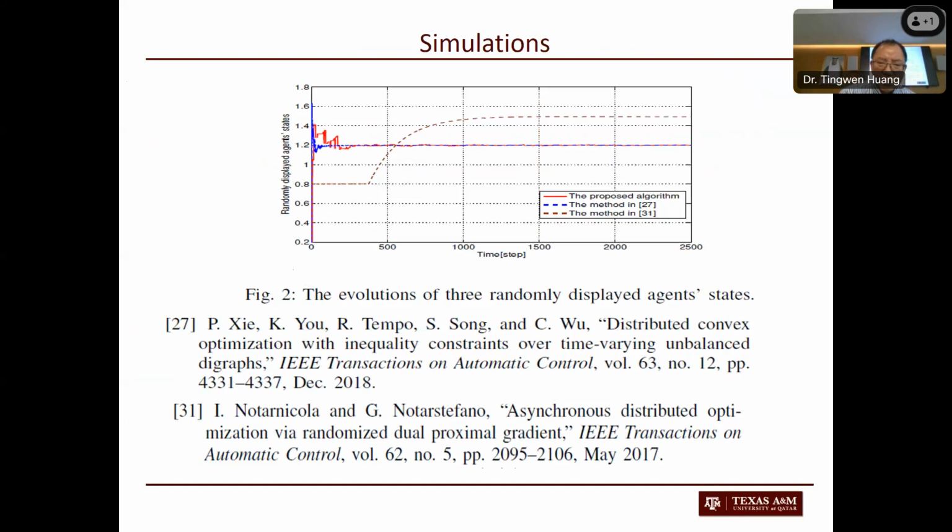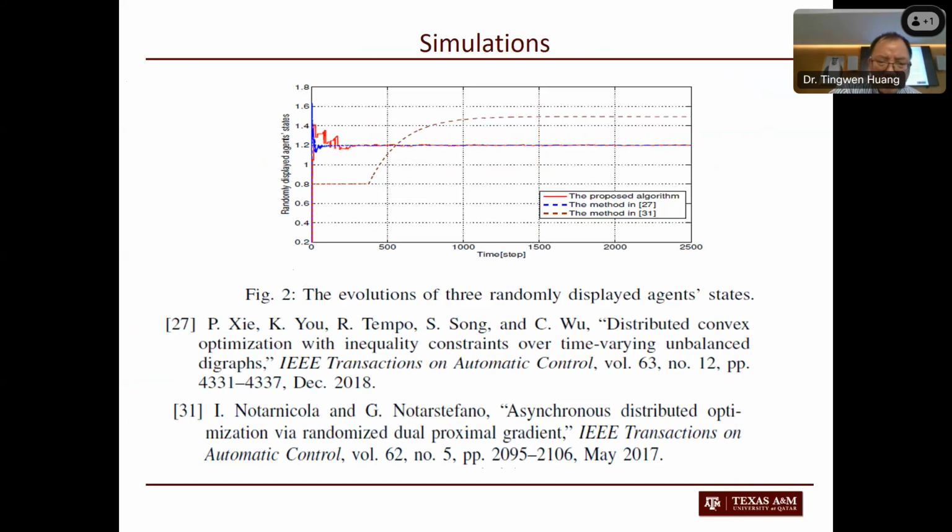They wrote this paper before 2018. This paper was published in IEEE Transactions on Automatic Control with the title Distributed Convex Optimization with Inequality Constraints over time varying unbalanced digraphs.